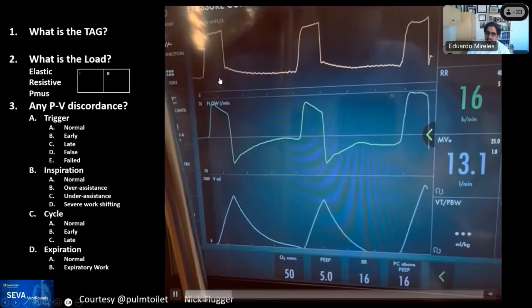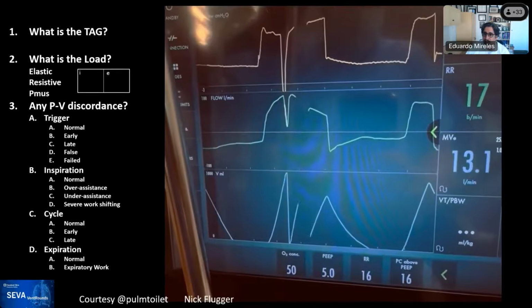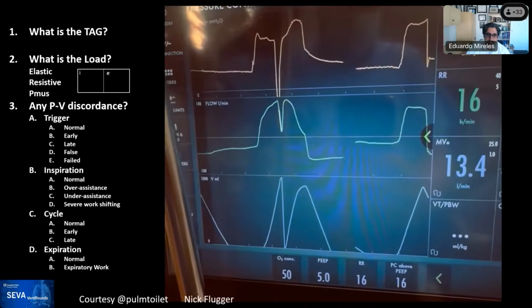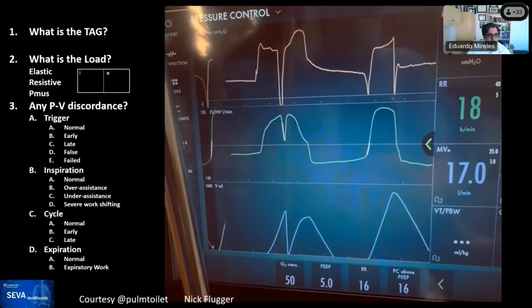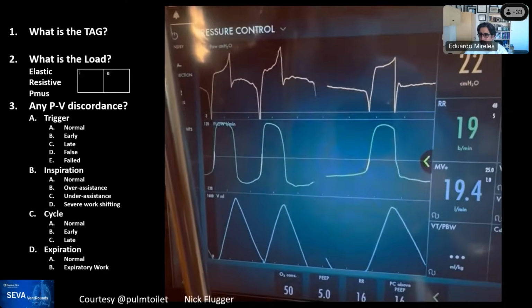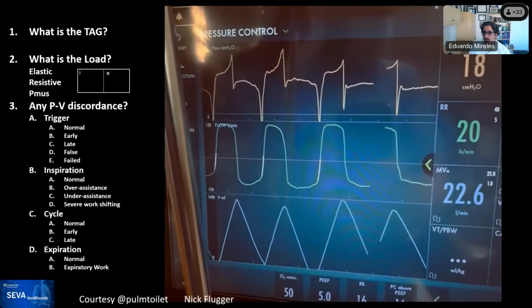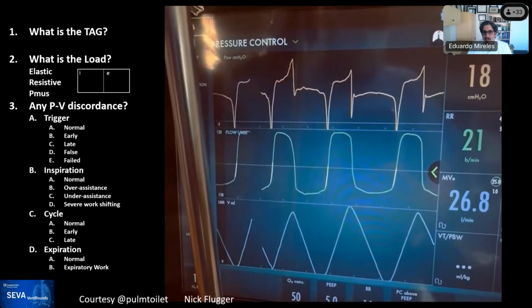I put this here because it was a fantastic example of every single asynchrony problem that you can have on a ventilator. Now the question, which I will open to the universe, is how do you deal with somebody with Cheyne-Stokes on the ventilator?